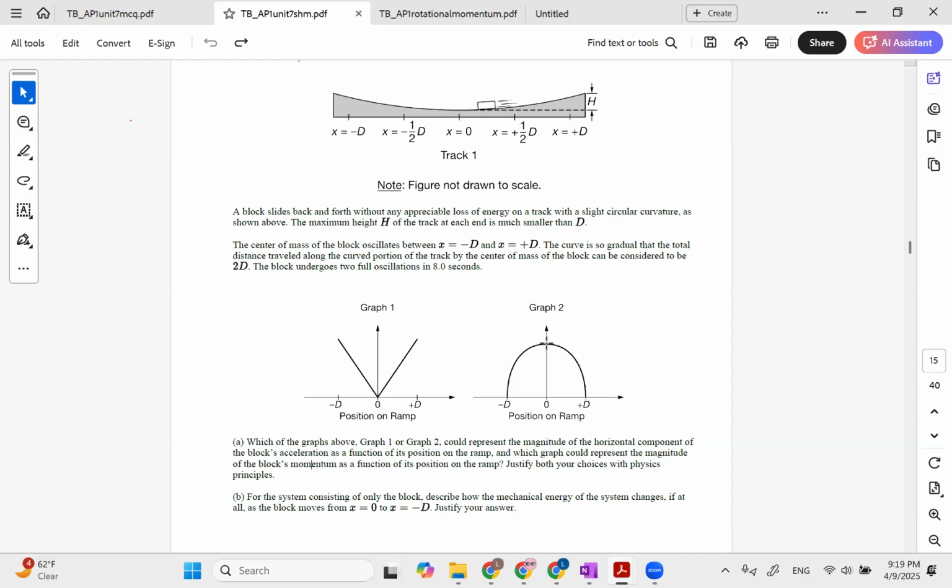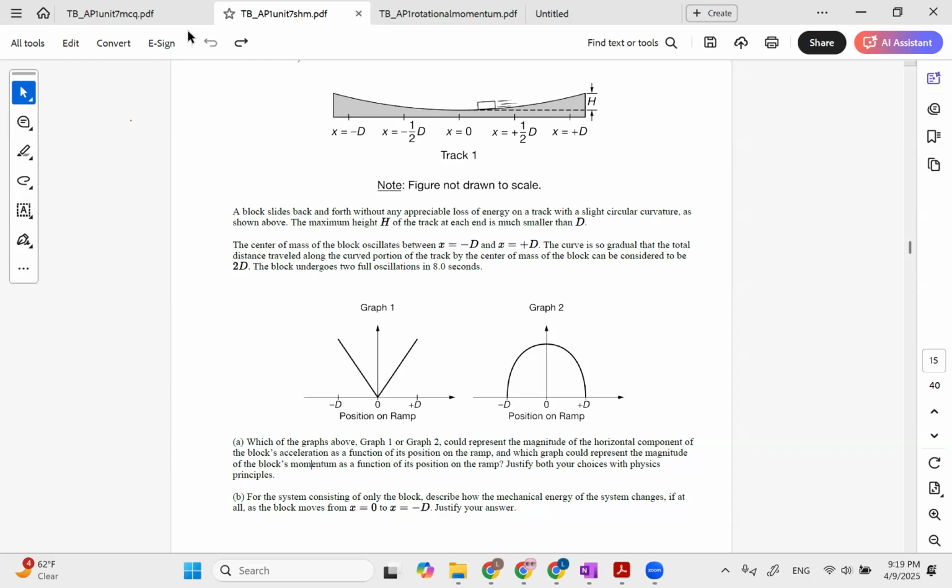It has a maximum momentum, right? So at negative d and positive d, velocity is zero, so momentum is zero, right? You got it? You done? You good?